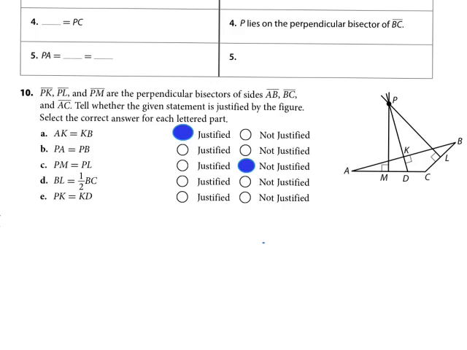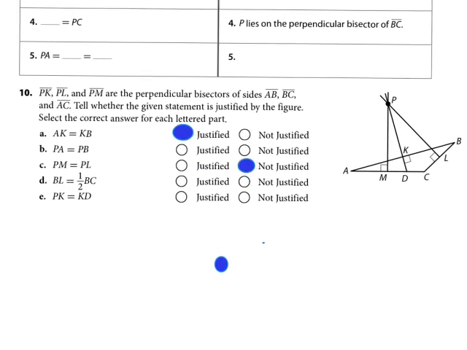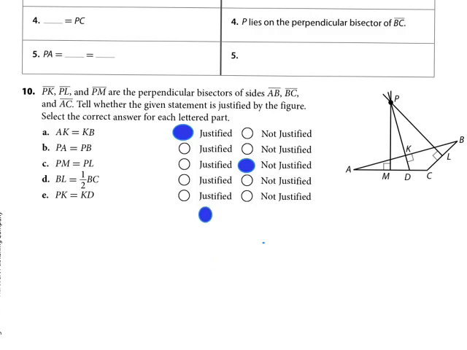Lastly, I'm going to help you with D. You still need to finish B and E on your own. So for D, it says here that BL is half the size of BC. Now that would actually be justified because we know that PL cuts BC in half.